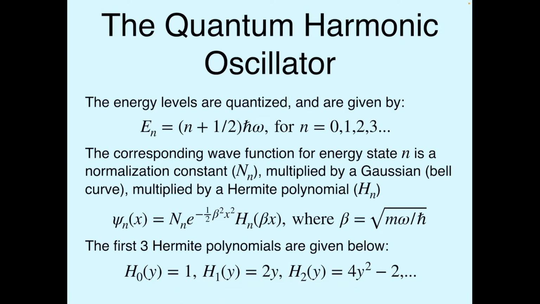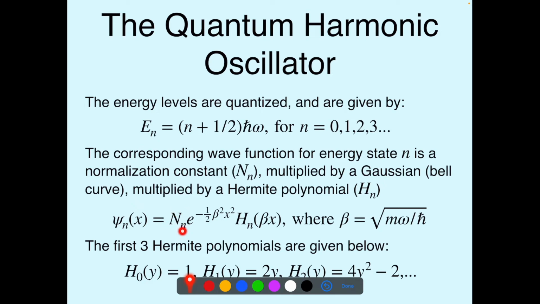The wave functions get a little bit complicated, so I'm just going to describe what they look like. The corresponding wave functions for the energy states, let's say energy state n, is a normalization constant multiplied by a Gaussian multiplied by a Hermite polynomial. So let's see what that looks like. We have our normalization constant. That's what I'm labeling as N sub n.